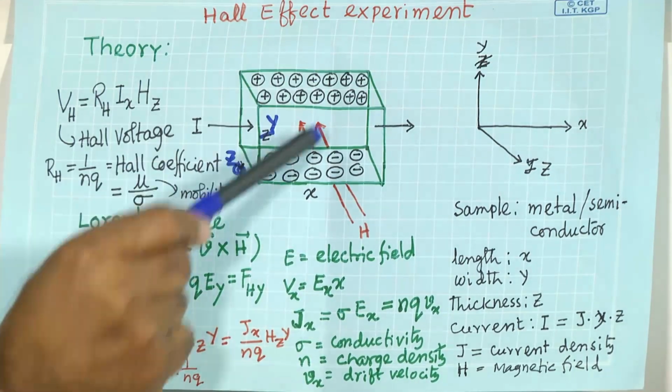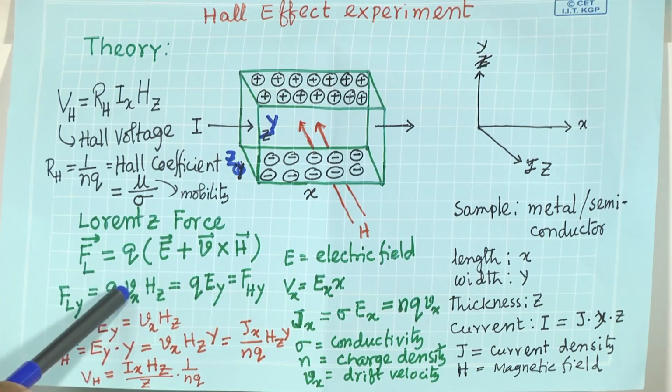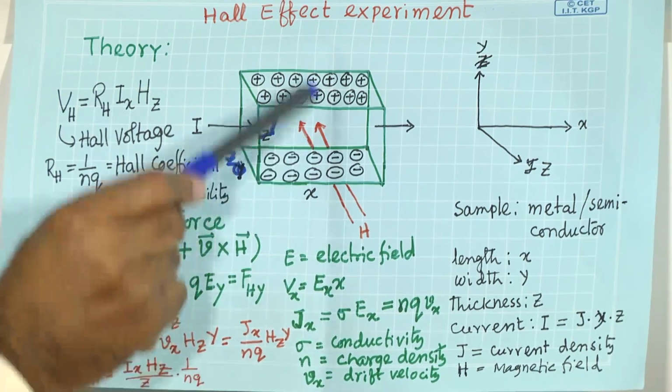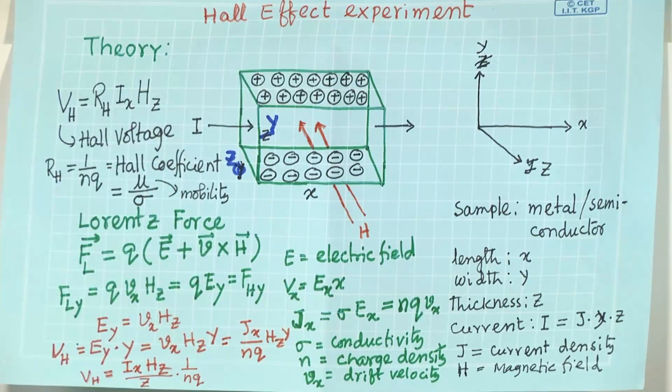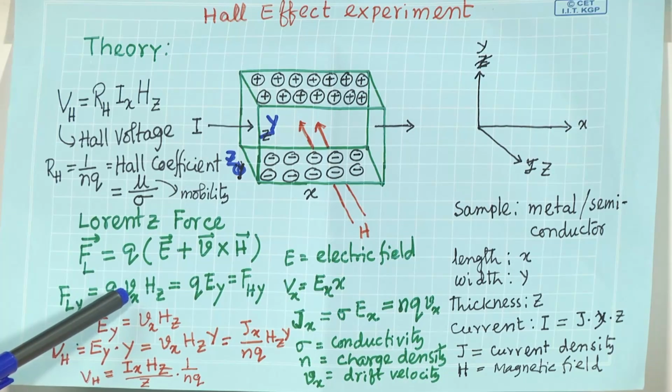The same charge will feel a force. Due to the Lorentz force, this electric field along the y direction is developed. Due to that electric field, this charge carrier will again feel a force in the opposite direction. So there will be a balance between these two opposite forces: one due to the Hall electric field, and another due to the Lorentz force because of the magnetic field.